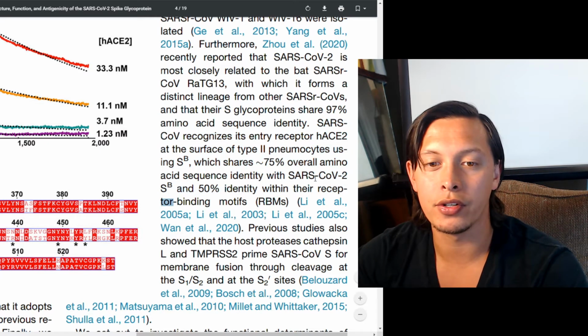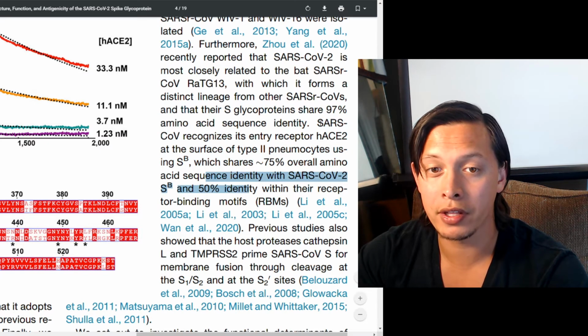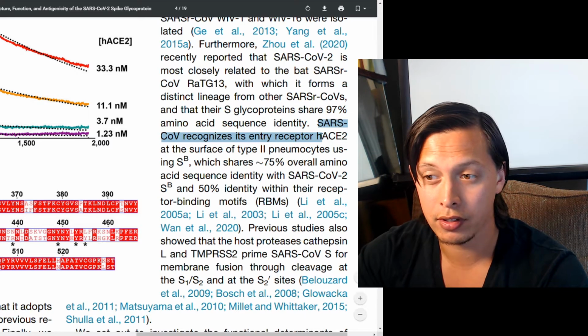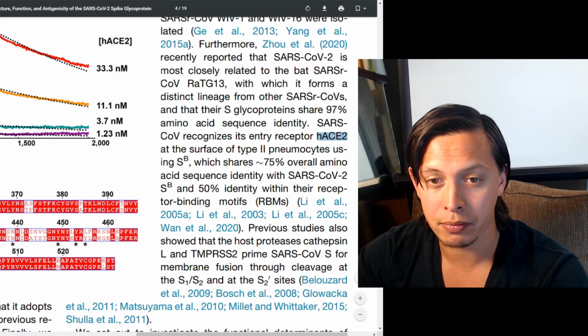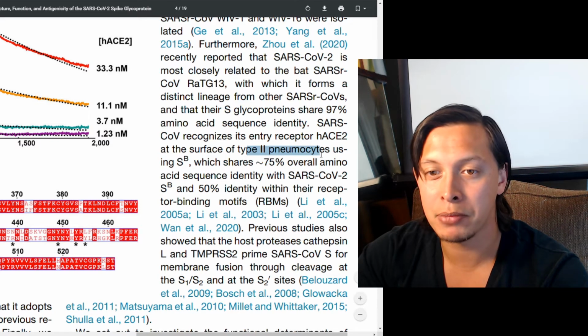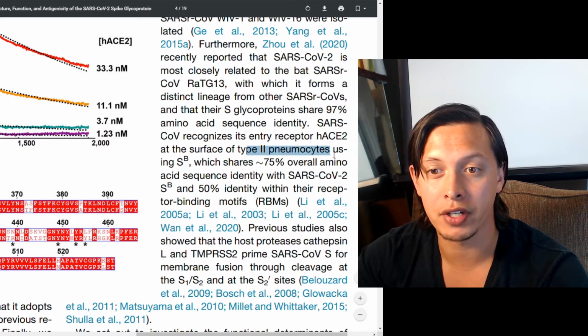So they're saying the original SARS also binds with the human ACE2 receptor of these lung cells, the alveoli cells.